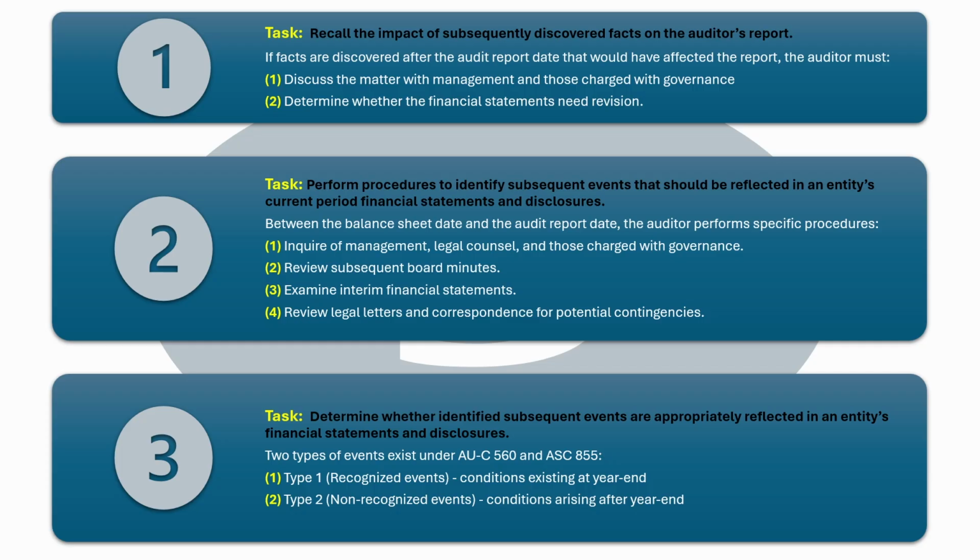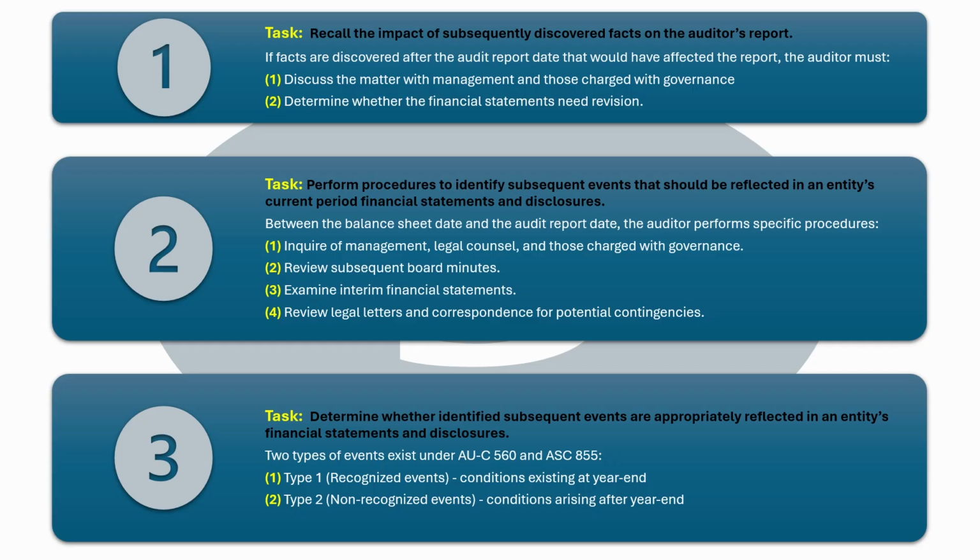3. Determine whether identified subsequent events are appropriately reflected in the financial statements and disclosures. Two types of events exist under AUC 560 and ASC 855. Type 1, recognized events, provide evidence about conditions existing at year-end, for example, bankruptcy of a customer that was already in financial trouble at year-end.